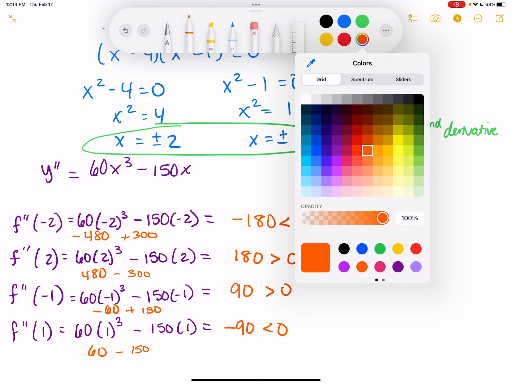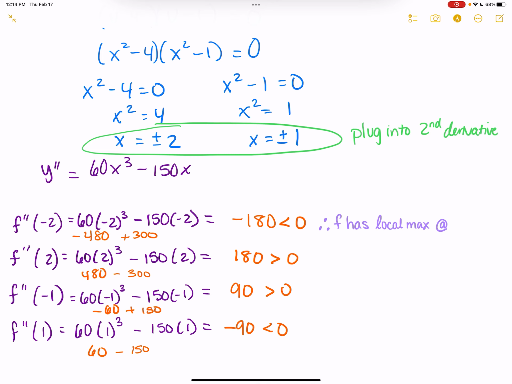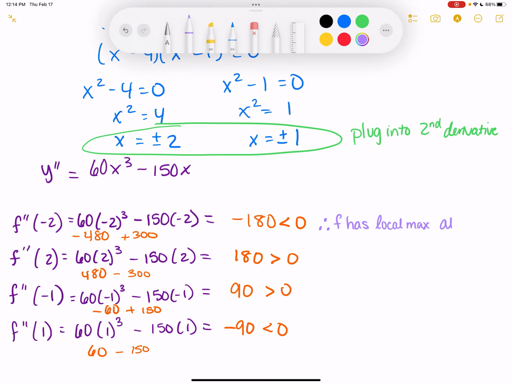So we can say for the first one, therefore, f has a local max at x equals -2.